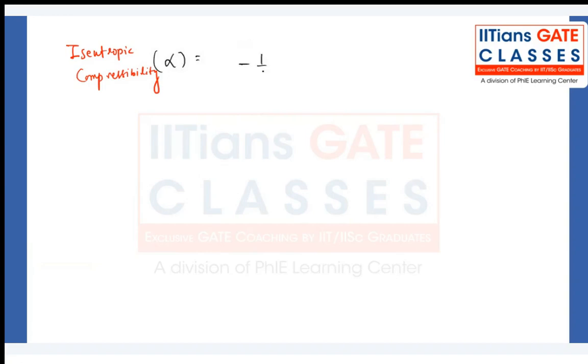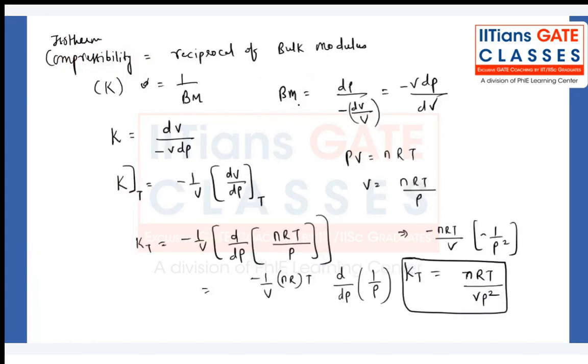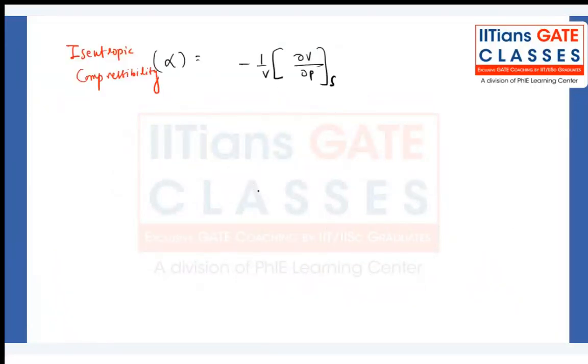Isentropic compressibility we can write as minus 1 upon V, and the formula will be the same, but the only thing is that entropy will be constant. Whenever we write suffix s, that means s will be constant. Whenever we write T, that means T will be constant. That is called isentropic compressibility.